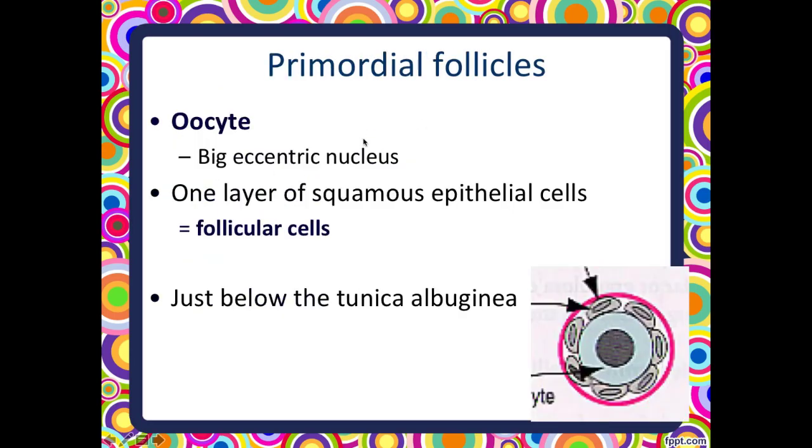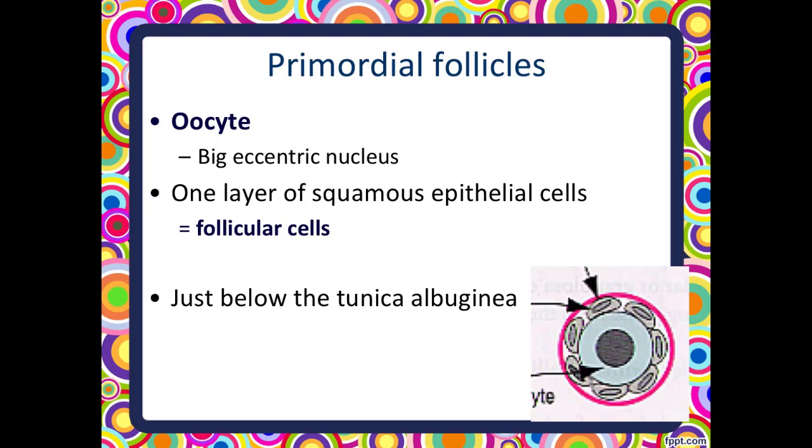So let's start with the first stage of development of follicles, which is the primordial follicle. They are present during the fetal life, and they are present in the cortex of the ovary until the puberty, and then during each of the ovarian cycles, some of those follicles start to develop, and only one of them will completely develop.